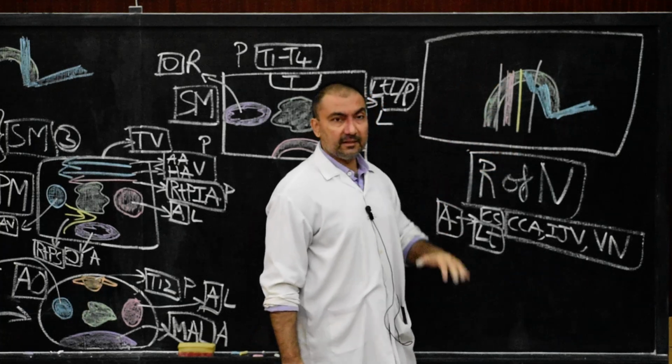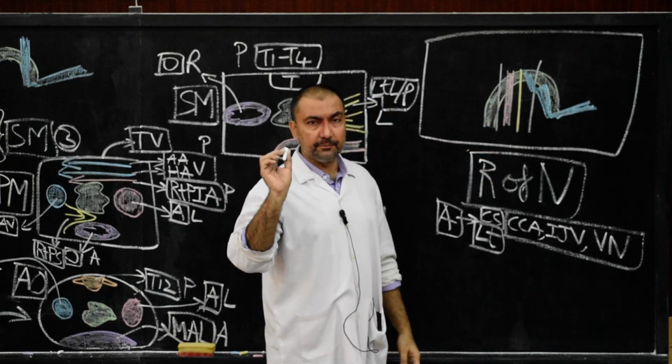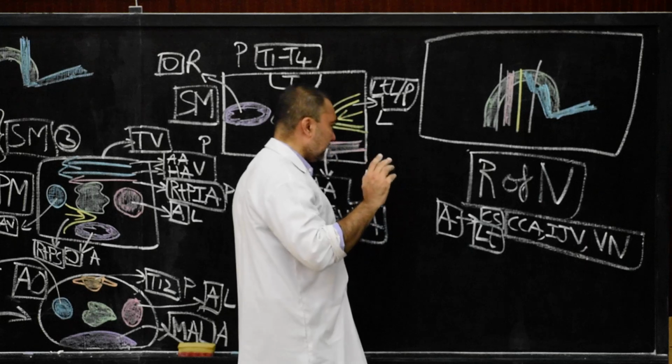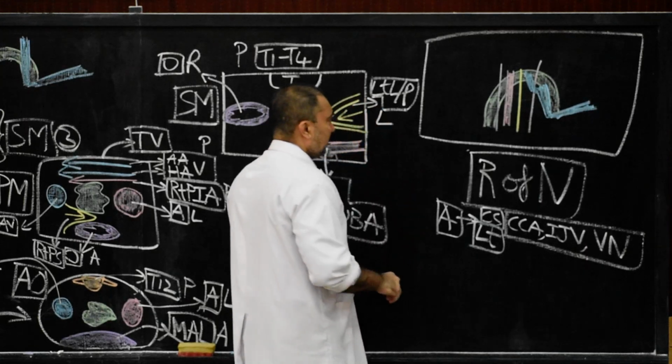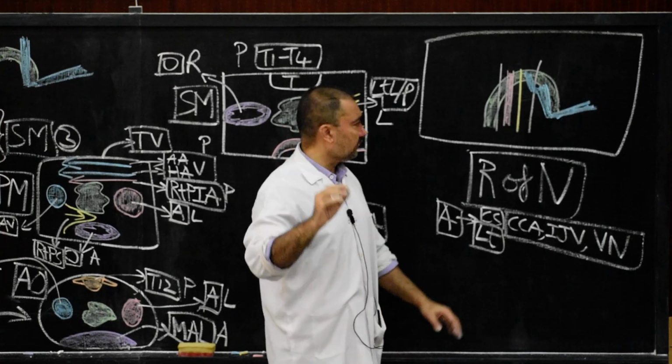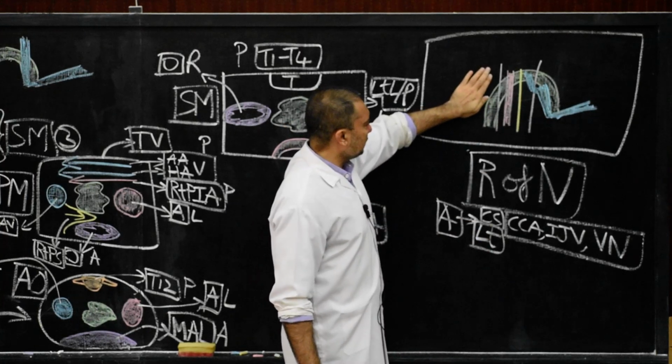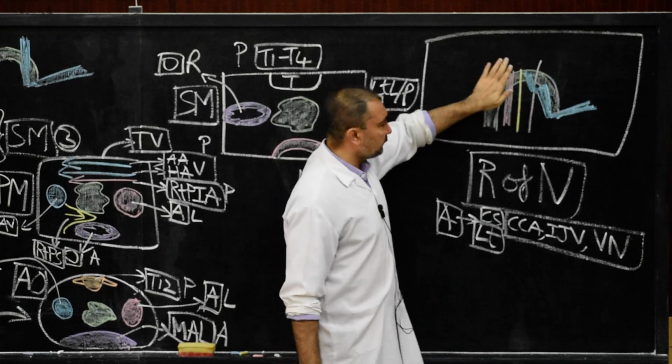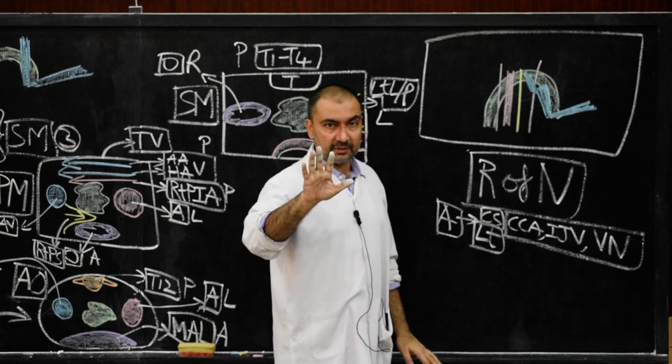Now posterior relations. Posterior relations are extremely important. For the posterior relations, we will draw all of them, slightly on either side of the anterior relations, so it will be easy for us to understand.